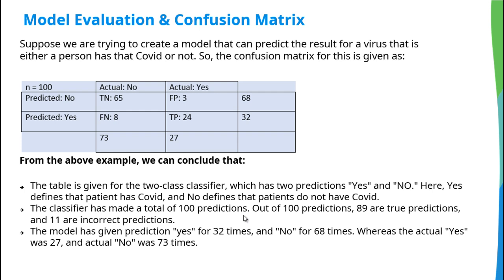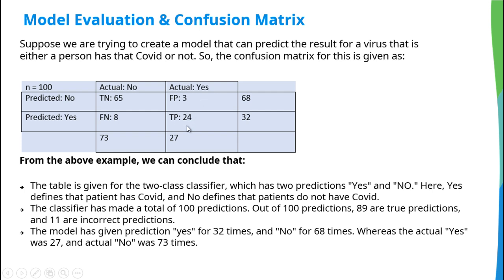So the confusion matrix for this is given, maybe you have 100 runs, and you say this actual no, actual yes, this predicted no, predicted yes. After you have done that, you have TN, FN, TP, FP, true negative, true positive, false negative, false positive.